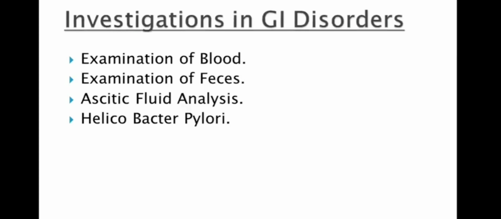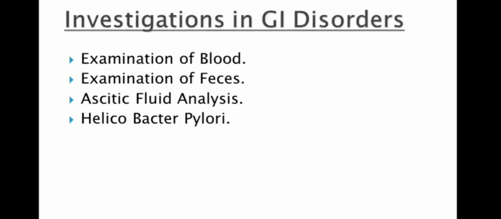Then other hepatobiliary pathology related investigations we will discuss later, so I am not going into that part, like liver function tests. Naturally the next important thing is the examination of the fecal matter, the motion. In that we have to conduct a routine examination to identify parasites or mucus or blood, occult blood. Occult blood is very important.